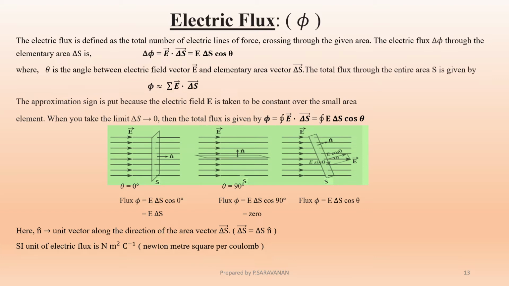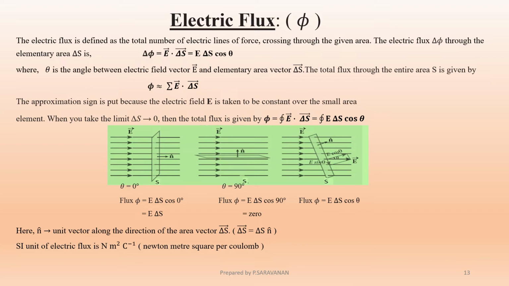That is, delta phi equals vector E dot product vector delta S, which is equal to the magnitude E into magnitude delta S into cos of the angle between the electric field vector and the area vector. That is E into delta S into cos theta, where theta is the angle between the electric field vector E and elementary area vector delta S.